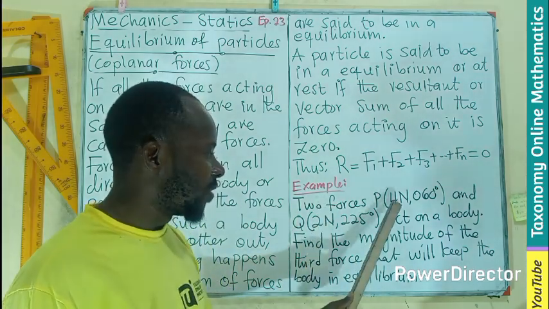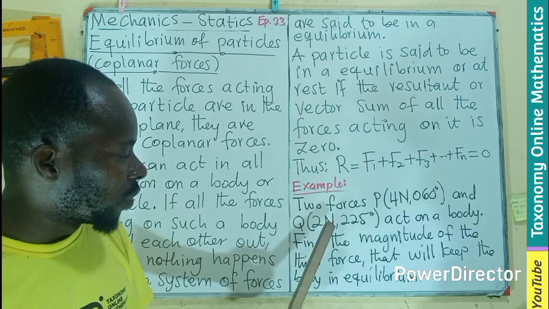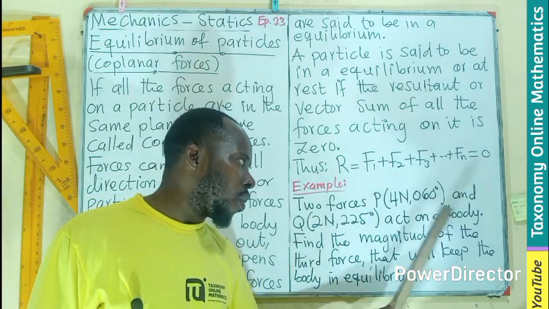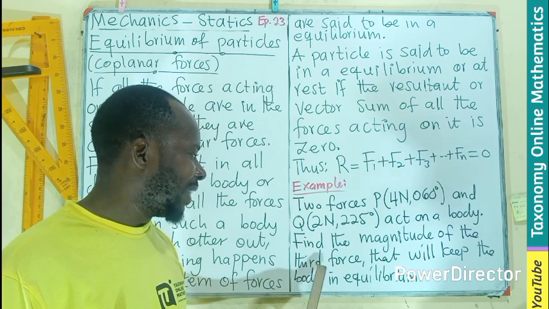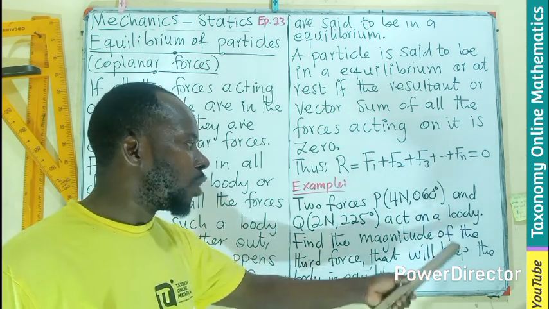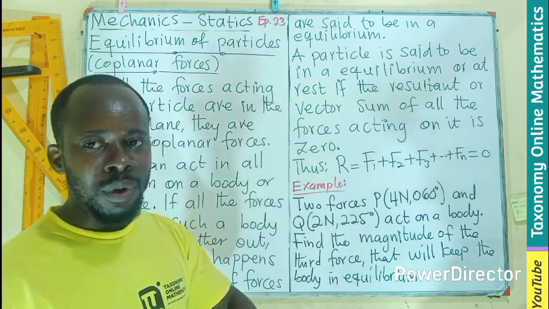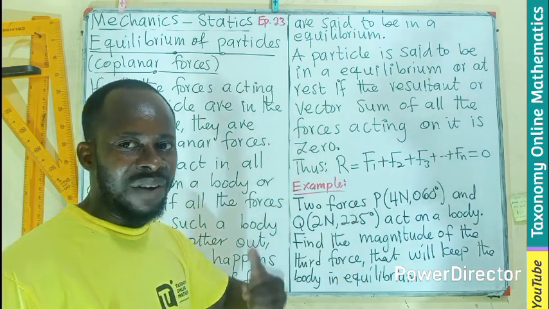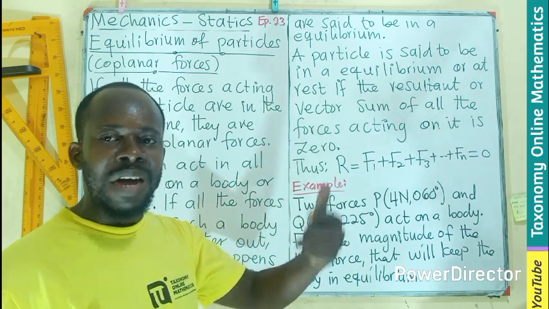So if two forces, the first with a magnitude and direction and the second with a magnitude and direction, act on a body, find the magnitude of the third force that will keep the body at rest or at equilibrium. We need the third force. It means that force 1 plus force 2 plus the third force should give us zero.